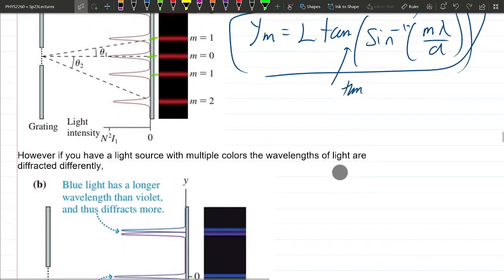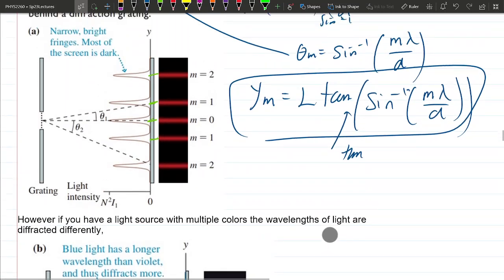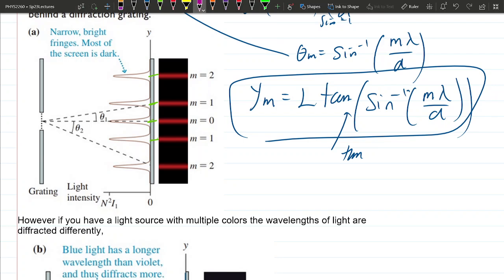All right. And then another interesting thing is that this dependence in here, how far the bright fringes are located from the central value, is bigger if lambda is bigger. If lambda goes bigger, this value also gets bigger, because you're taking the inverse sine of it and then taking a tangent function of it.